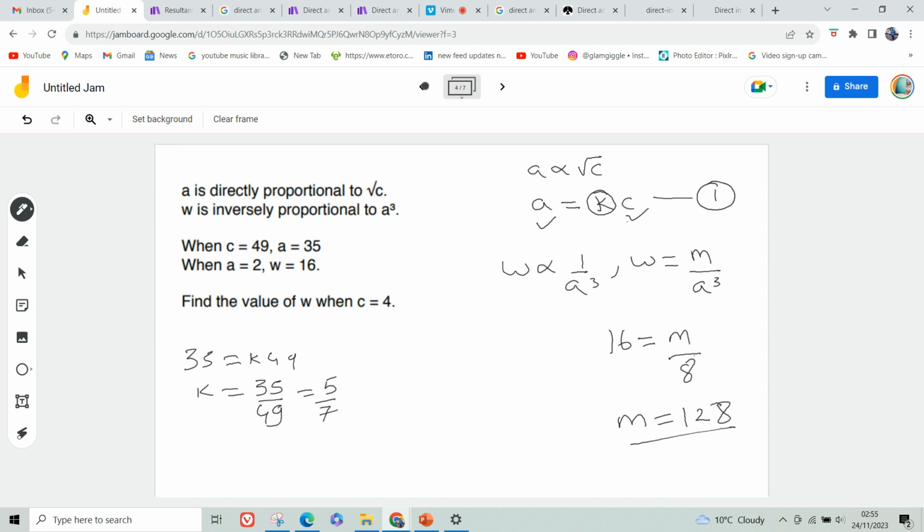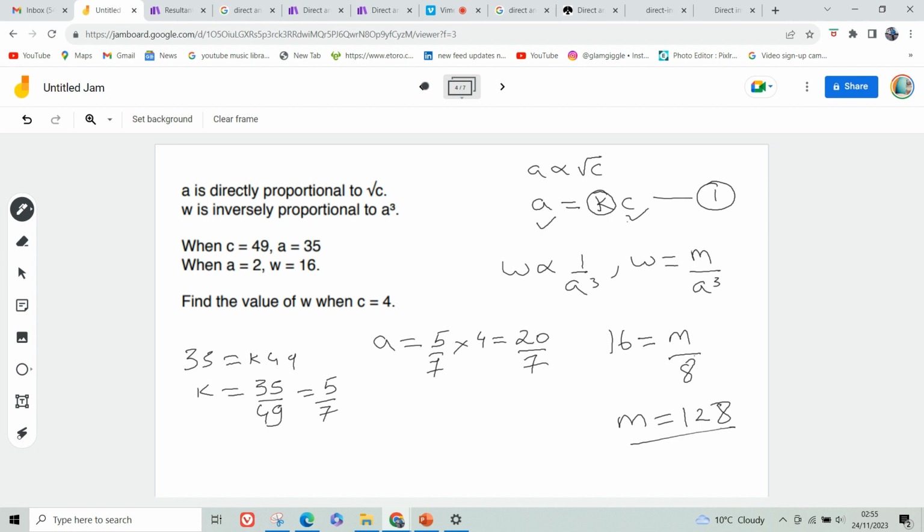K was 5 over 7 and C is 4. So find out A. So A is equal to 5 over 7 times 4. So that is 20 over 7. So you got A as 20 over 7.